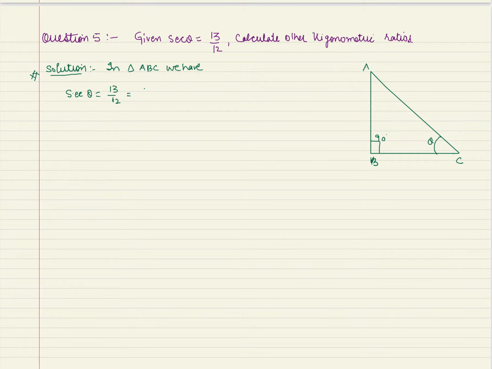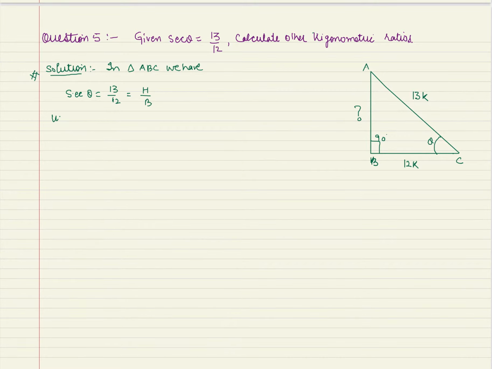This is the ratio of hypotenuse to the base. This means hypotenuse is 13 times k, and base is 12 times k, right? So this part is unknown for you.